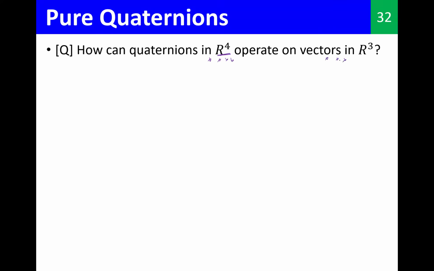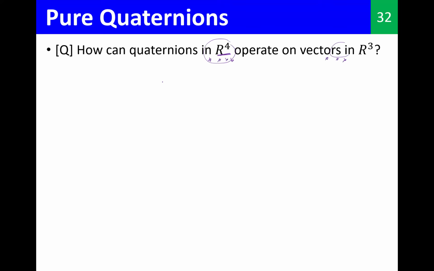X, Y, Z. Okay, I want to apply the quaternion on a vector and see what happens. Okay, so if we want to do that, like apples and oranges, right? This is something, and this is another thing, right?